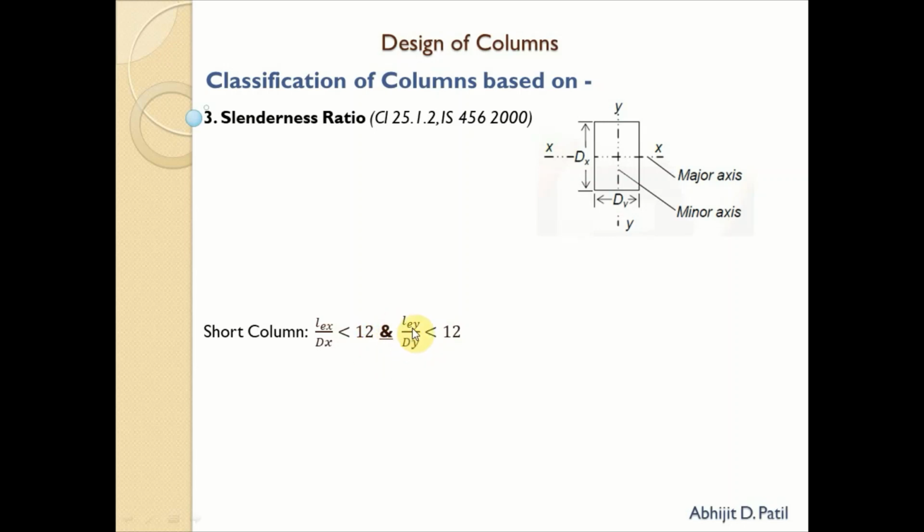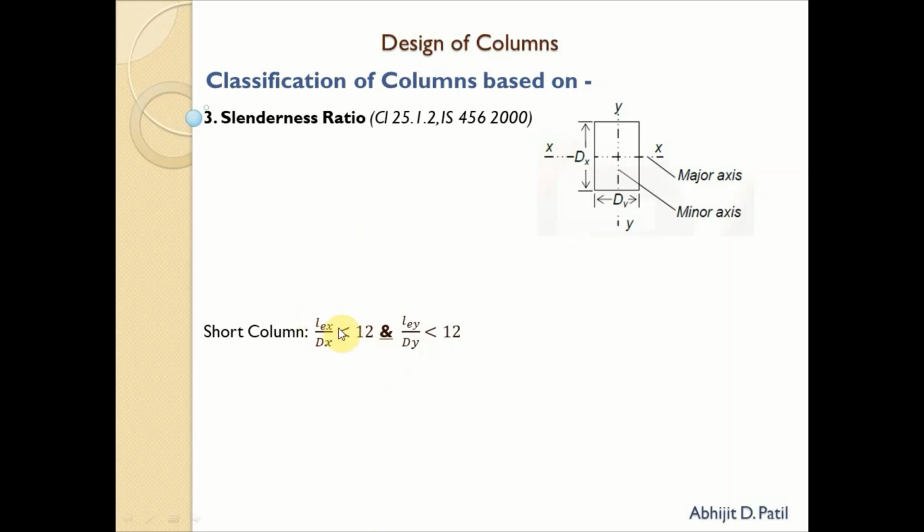And L effective in y direction upon lateral dimension in y direction, this ratio should also be less than 12. So if these two conditions are satisfied, then and only then can we call that column a short column. If any of these conditions is not satisfied, that will not be a short column.